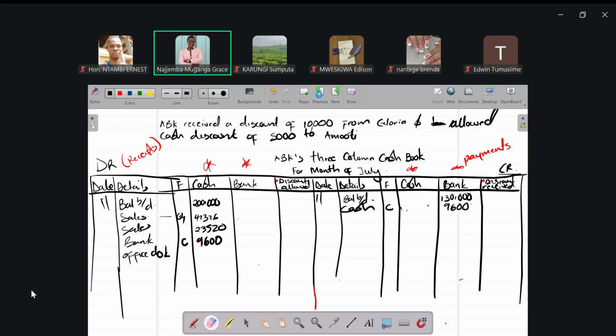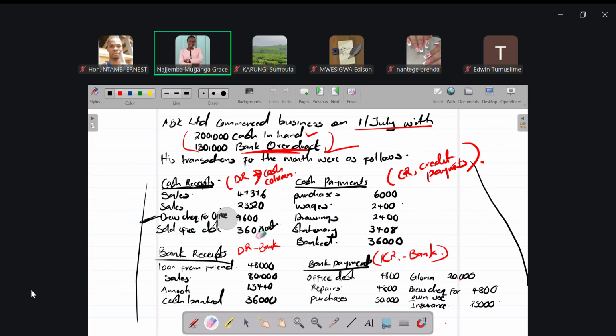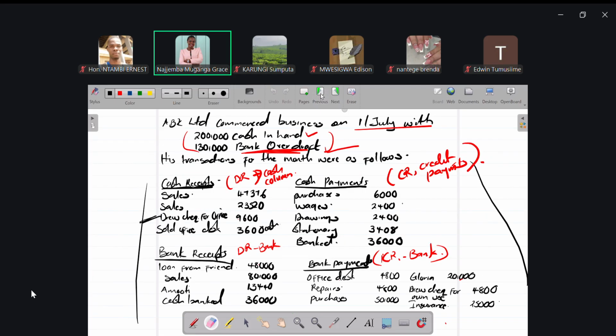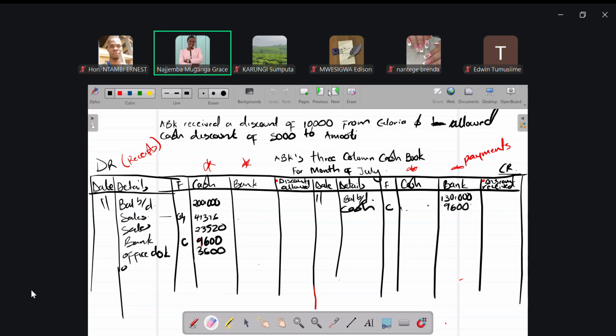So can we post this other transaction? Sold office desk of 3,600. We are receiving 3,600 over the office desk, under cash receipts. Then we have purchases as cash payments, purchases of 6,000, on the credit side.